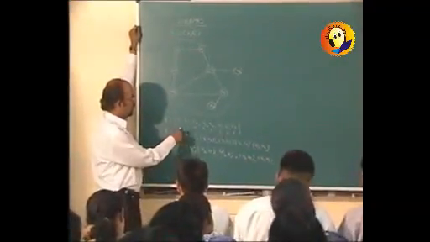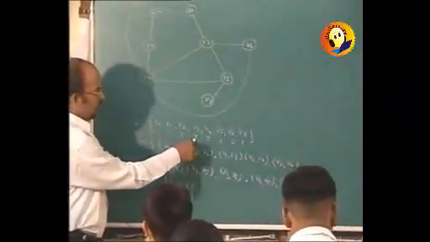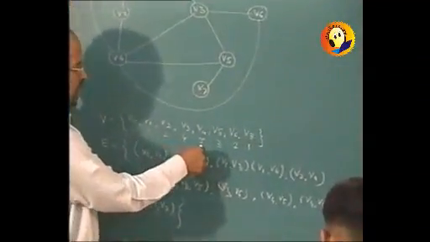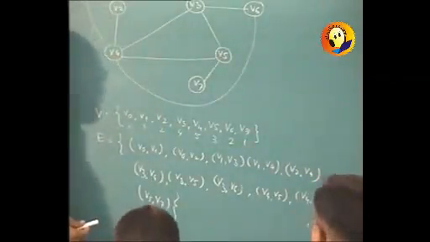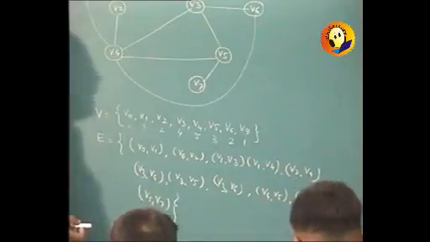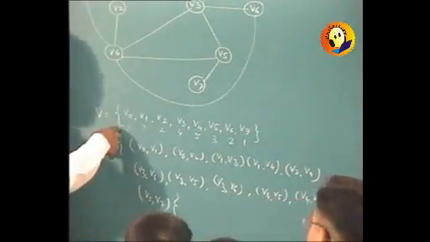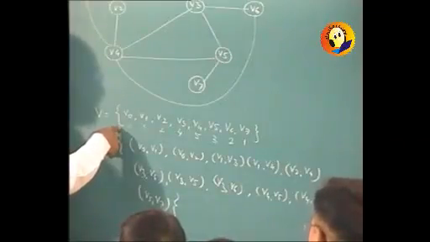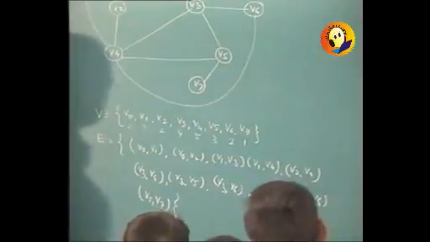So the sum of degrees of these vertices, 2 plus 3, 5 plus 2, 7, 11, 16 plus 6, 22. And we know by handshaking lemma that the sum of degrees of vertices is nothing but twice the number of edges. So there are 11 edges and the sum of the degrees is 22.